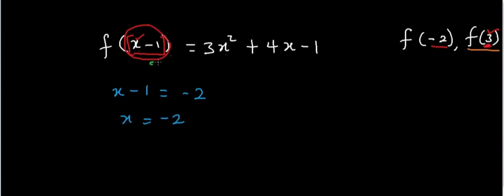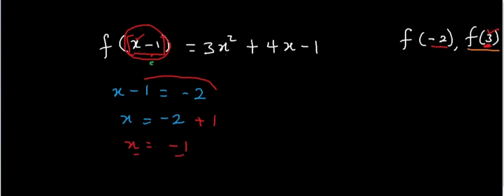Then this coming here, I'll have plus 1. Minus 2 plus 1, that is minus 1. Which means that in the quest to make x minus 1 become minus 2, x needs to take the form minus 1.